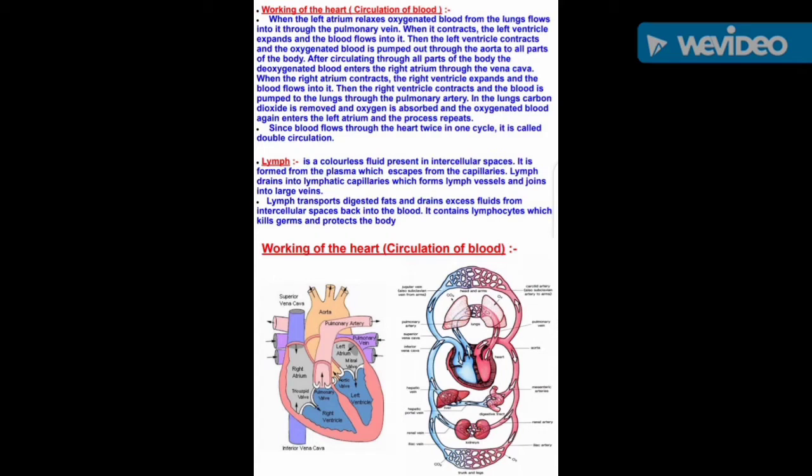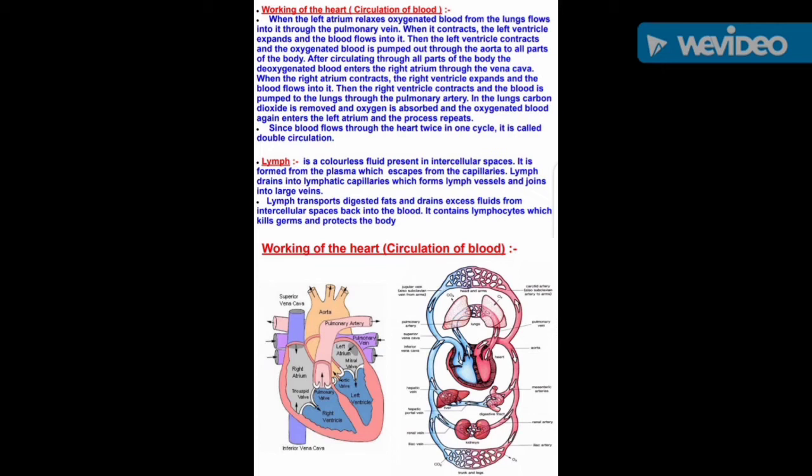Next we will see the working of the heart, that is the circulation of blood. This is the most important topic in this lesson, so listen carefully and try to understand with the help of the figure.